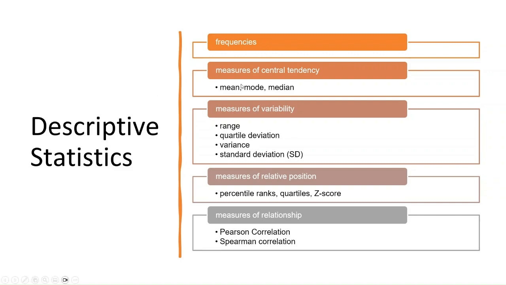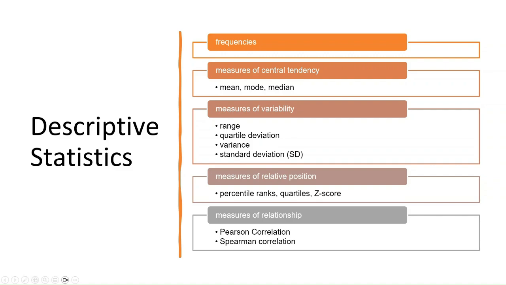Measures of central tendency give us a single value that represents the center or typical value of the data set. The most common ones are mean, mode, and median. Now, measures of variability tell us how spread out the data is, how much the values differ from each other. And the common measures include range, quartile deviation, variance, and standard deviation.